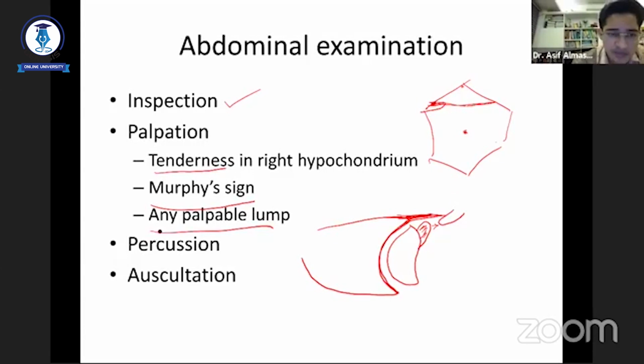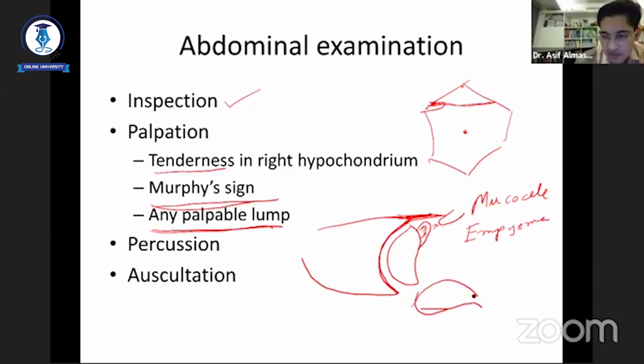Any palpable lump. When can there be a palpable lump? If there is a mucocele. If there is empyema of gallbladder. So why may you have a mucocele? What happens is, if this is the gallbladder and the stone is stuck over here in the Hartmann's pouch, there is a constant mucus secretion, and the gallbladder enlarges, right?